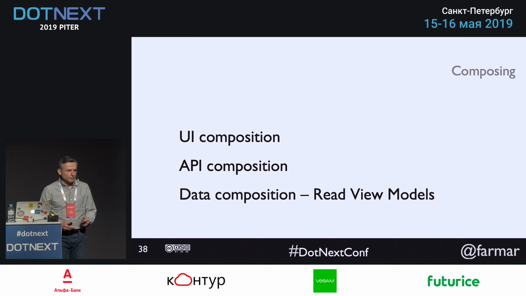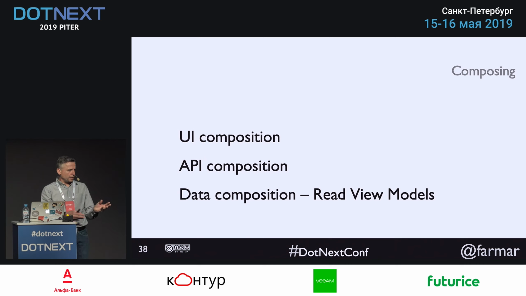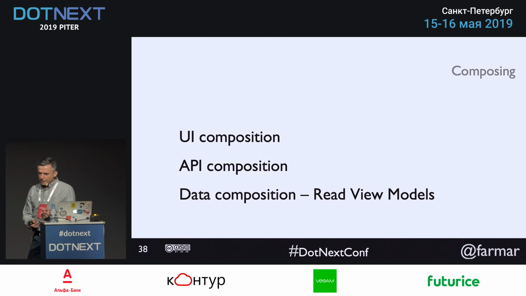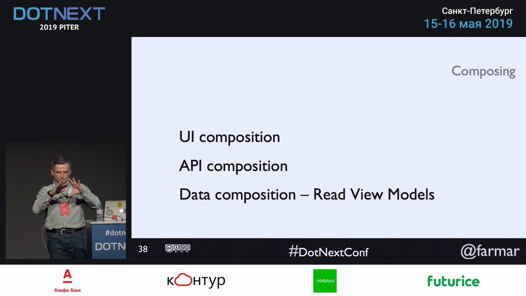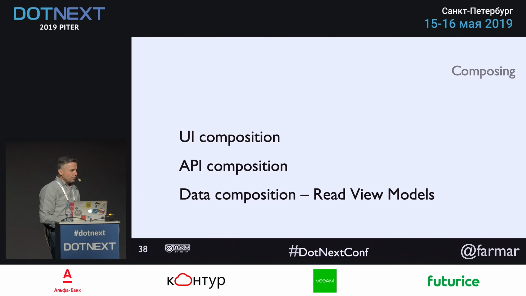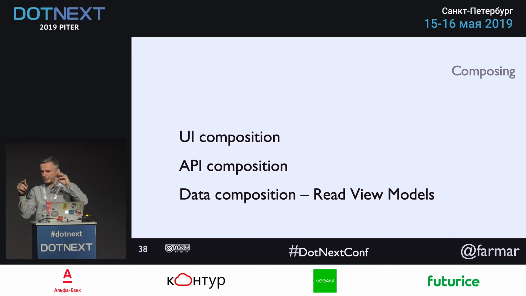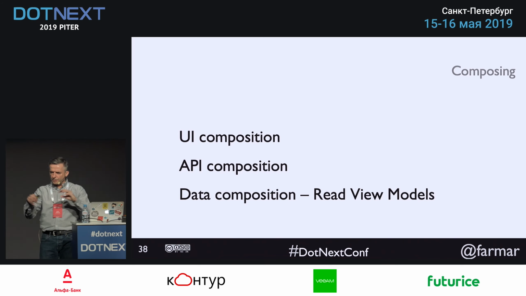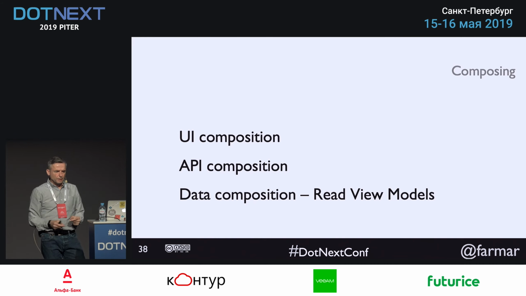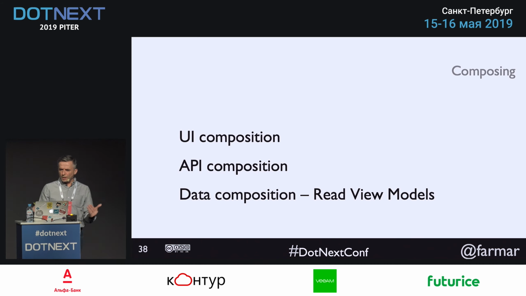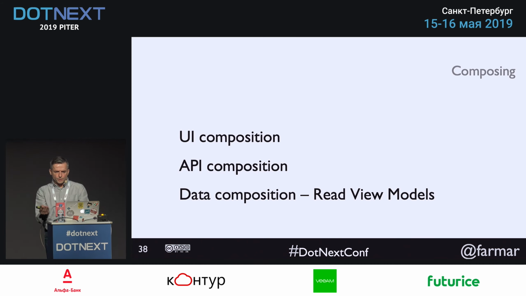For example, I don't know if you've seen Amazon, eBay, Google, it seems like everything is one space in front of your face. But effectively, there are a lot of little bits inside the UI that call different services and get their data or submit information to different services. But for you, on the UI, it all looks composite. It looks cohesive. Same for API.